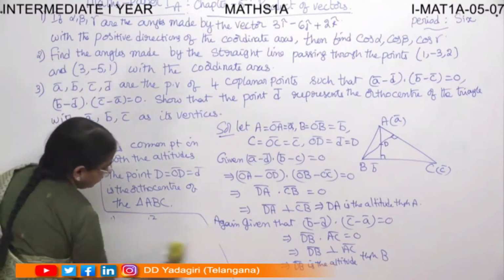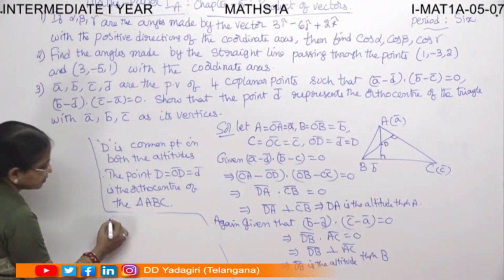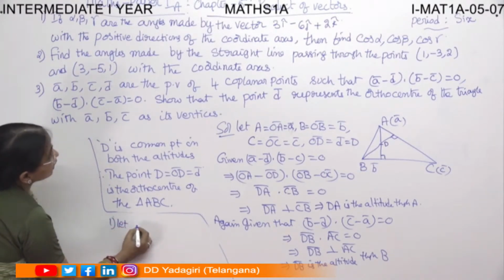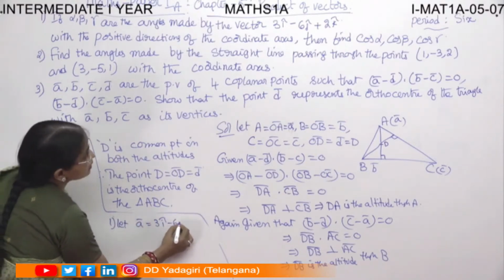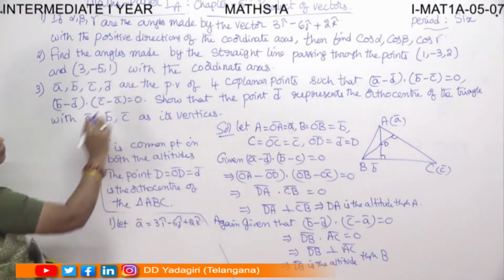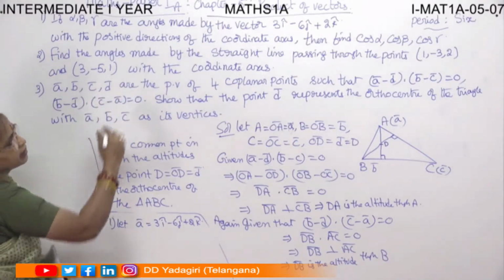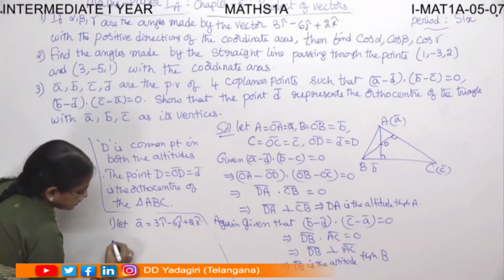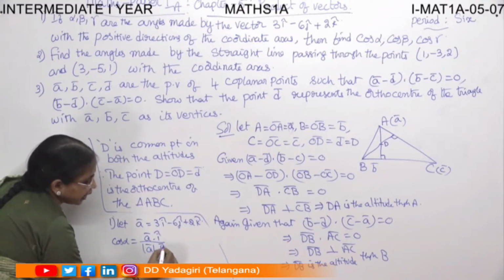So what we do is, here he has given, we take the vector. First problem, we'll take the vector as A. Let A is equal to 3i minus 6j plus 2k. Alpha, beta, gamma are the angles made by this vector with the positive directions of x-axis. So cos alpha is equal to A dot i by mod A into mod i.